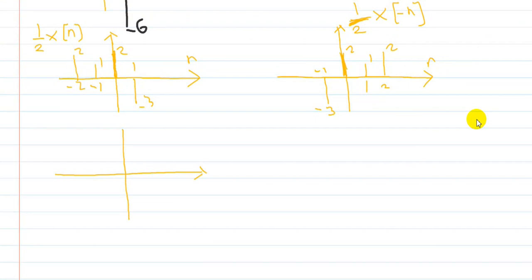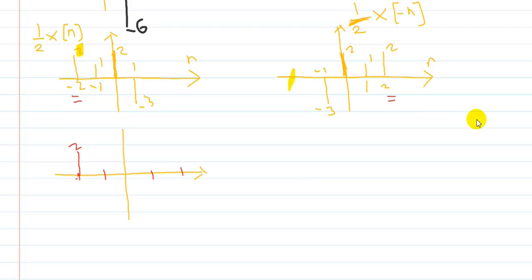Again, I will check at minus 2, minus 1, 0, 1 and 2, because the signal is starting from minus 2 and ending at 2 here. So we will need to calculate at all samples. First of all, at minus 2 the sample is 2, and the other sample here is 0. So 2 plus 0 will give me 2.